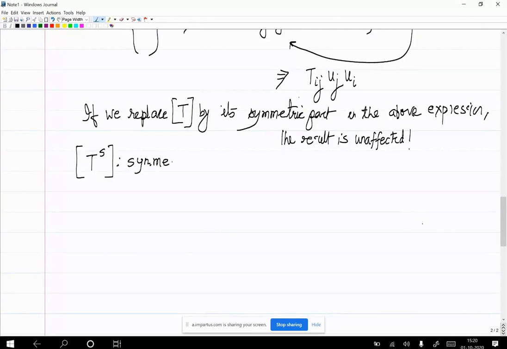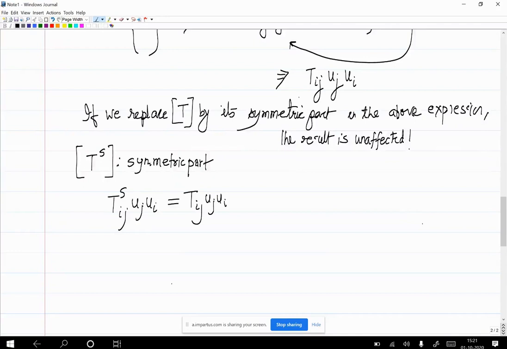Okay, I'm having some problem with my pens. With T_s, when you work out that above expression, you will get T_s,ij U_j U_i. And we have to show that this is equal to the original expression T_ij U_j U_i.